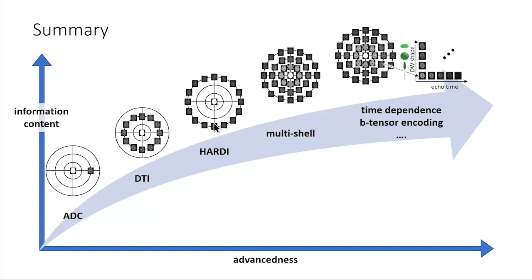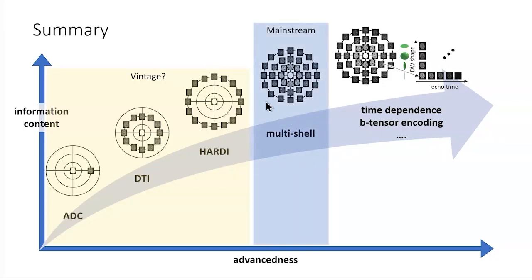Then we went to HARDI, which added higher B values and many more directions. Together these three are still very relevant, but the thing with multi-shell imaging is that it encapsulates all of them. So that's why multi-shell imaging has now become more or less mainstream, or the minimal requirement for diffusion-weighted imaging.